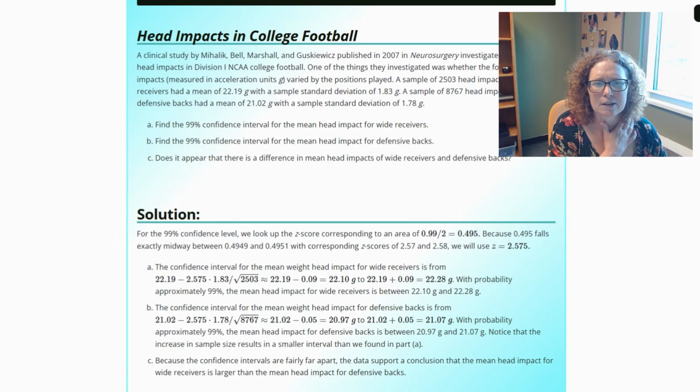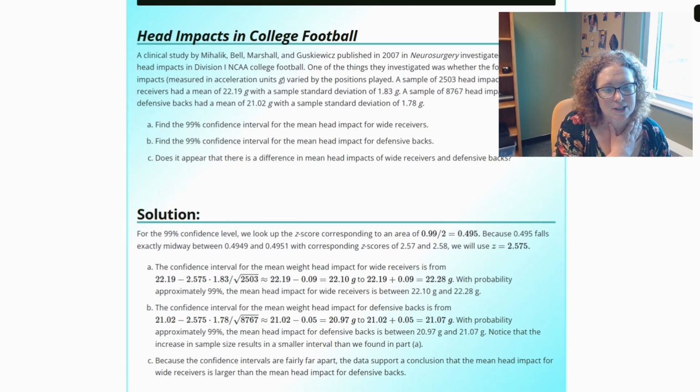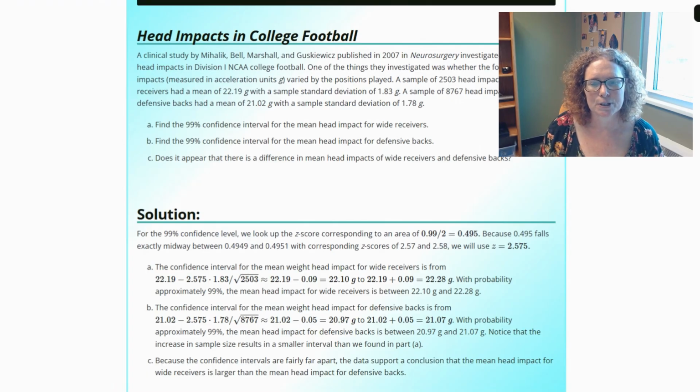So we get the 2.19 grams. That's the sample size of the wide receivers. And then you're subtracting that sample standard deviation, which they gave you, divided by the square root of the sample, and that was the 2503. We figure out the math and we get 22.28.